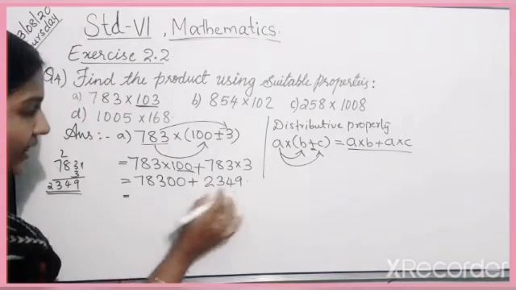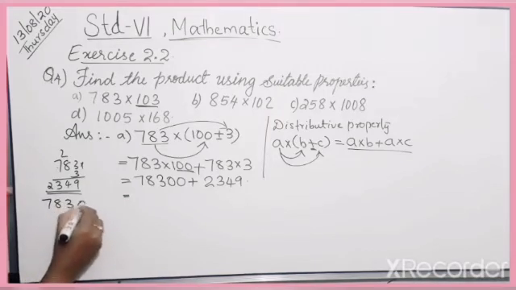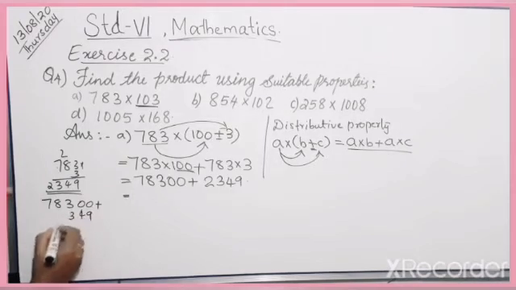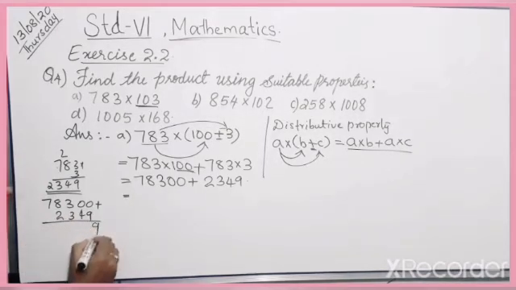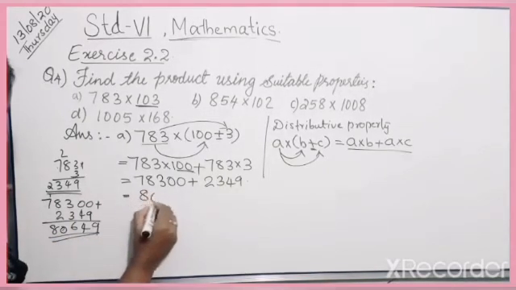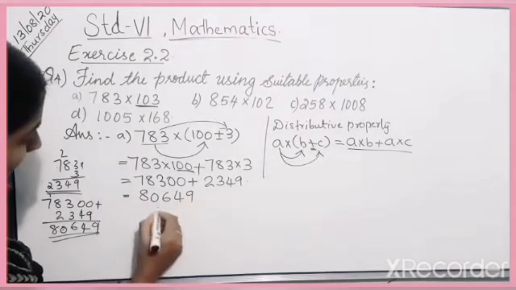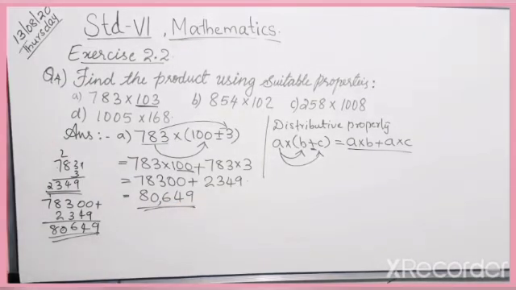Now let's add these two numbers together. 78300 plus 2349. Okay, so 9 plus 0 is 9, 4 plus 0 is 4, 3 plus 3 is 6, 8 plus 2 is 10, 0, 1, 7 plus 1 is 8. So we got the answer 80,649. Okay, so very easily we got the answer.